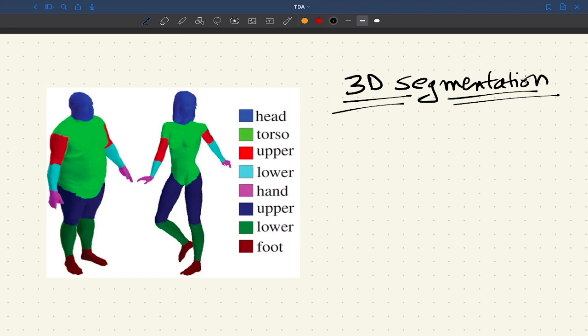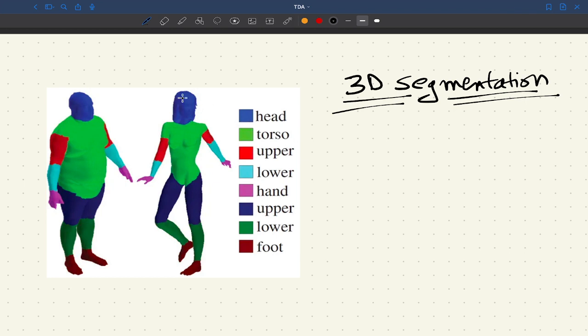Just understand what exactly is happening and how TDA is helping us. 3D segmentation is nothing but we have some 3D points, and we have to classify each point into some category.